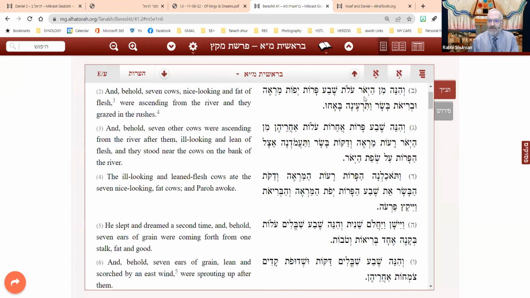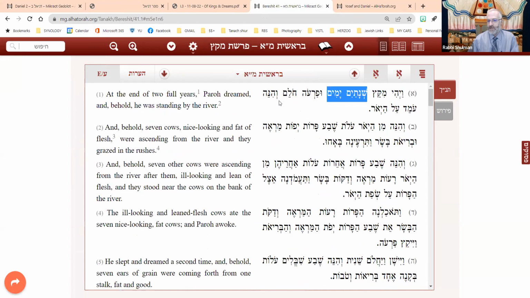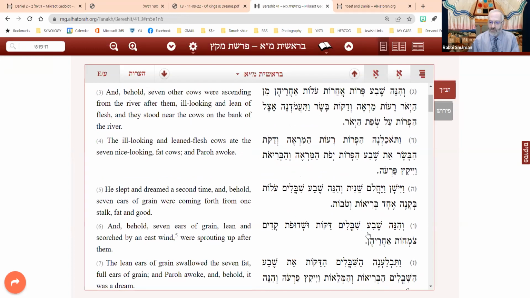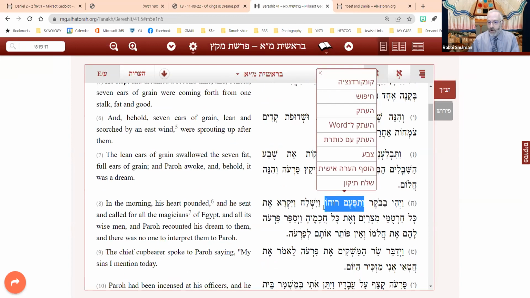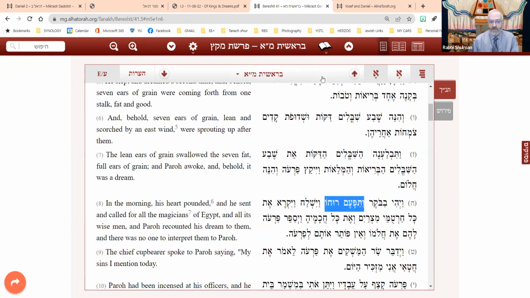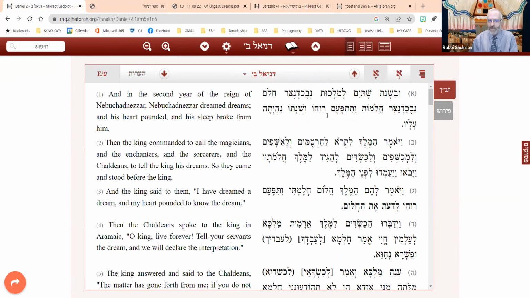And Paro cholem, he has a dream, and we know he has 2 dreams because he dreams it a second time, vayishan vayachalom shenit. And when he wakes up from these dreams, vayhi baboker, he is troubled, his heart pounding. Tipa'em means his heart is beating. Right? Modern Hebrew, the heart beats. His heart is beating fast. And that's exactly what it says by us. His heart was beating, his heart was pounding.